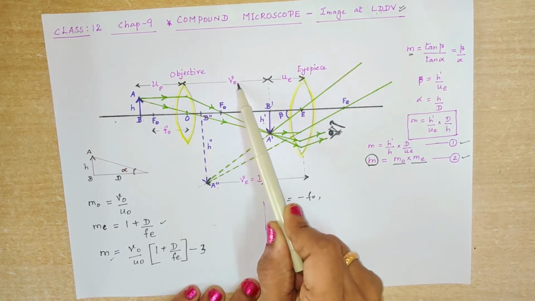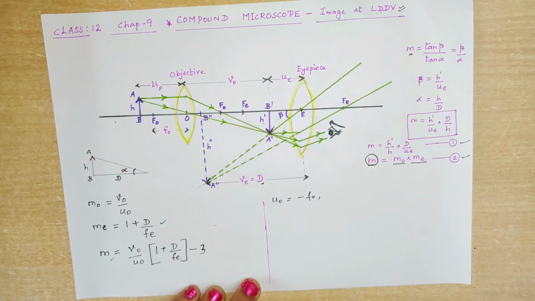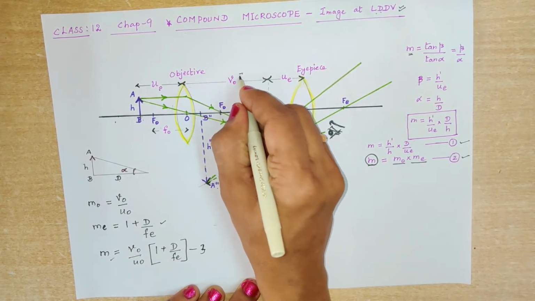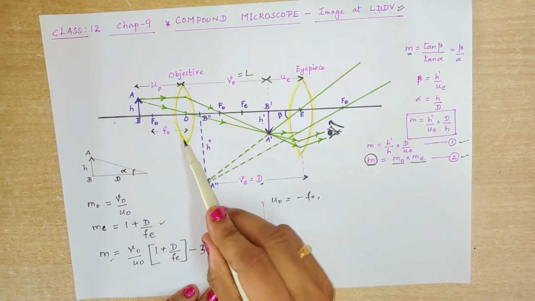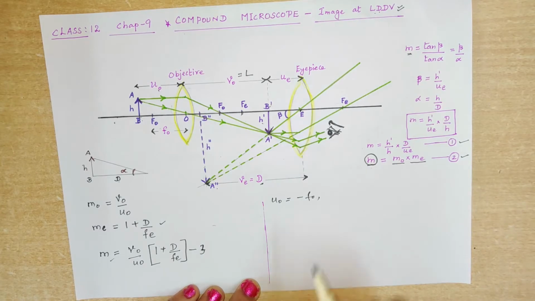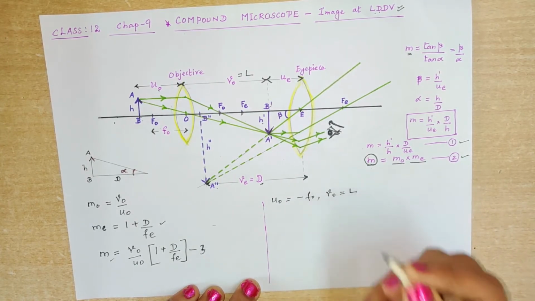Therefore, VO will also be shifted very close to the eyepiece, and hence this VO will be equal to the length of the tube itself. It gives the distance between the two lenses. So this VO will become the length of the tube.